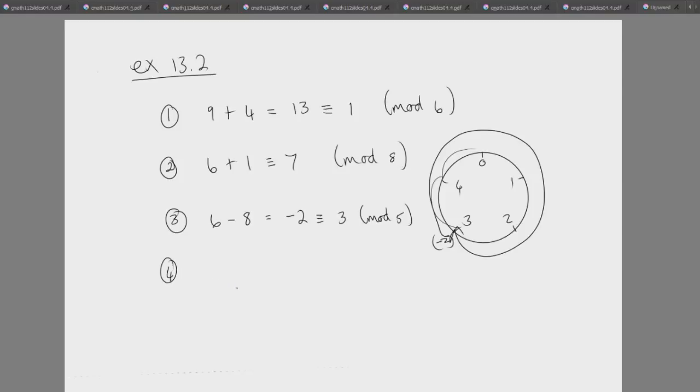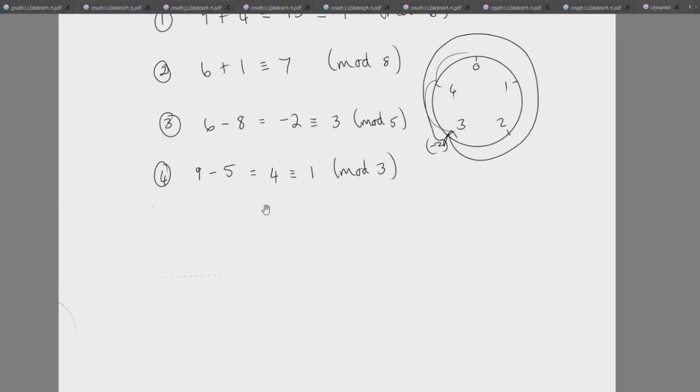Next up, number 4. 9 minus 5, mod 3. 9 minus 5 is 4. What is 4 mod 3? Well, 1 would be left when I divide, so it's 1 mod 3. One more.